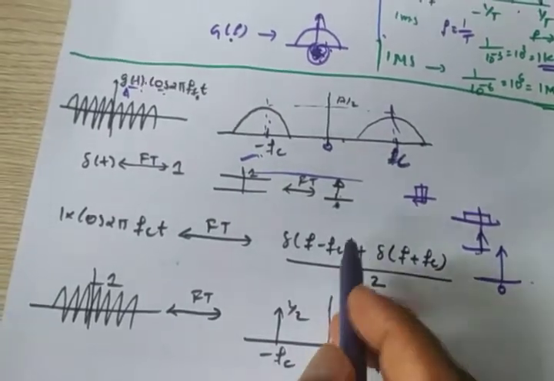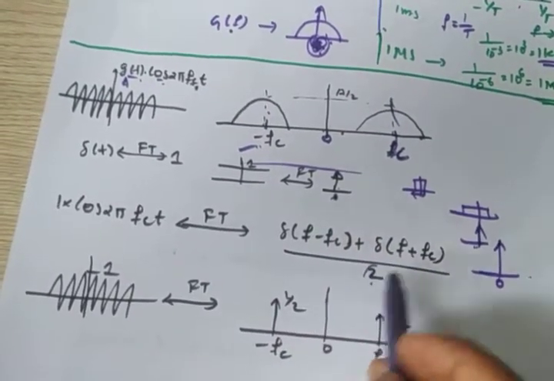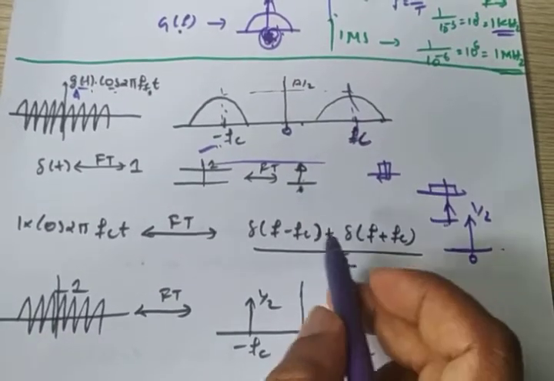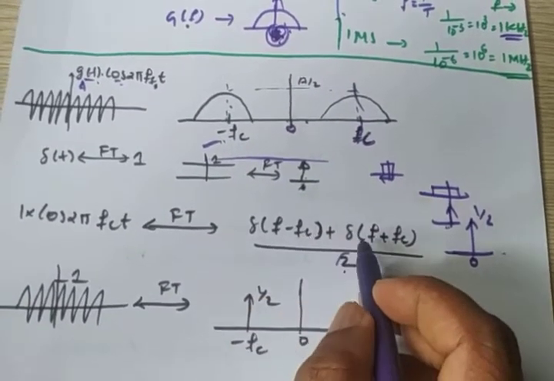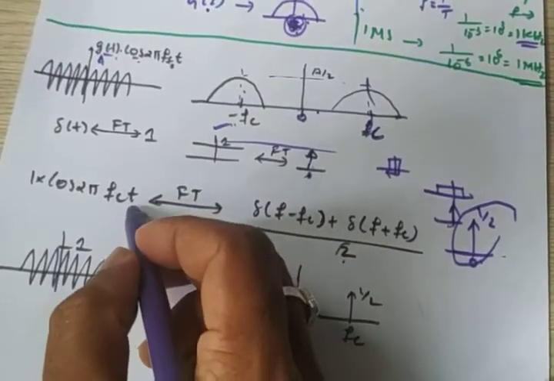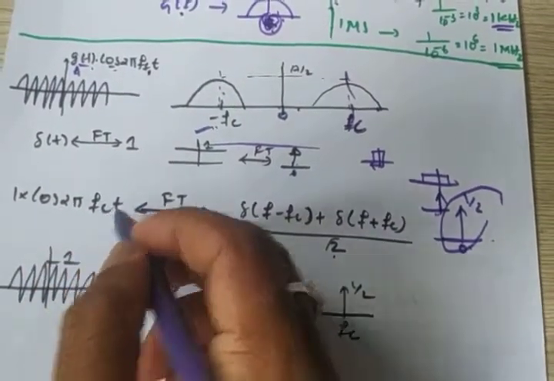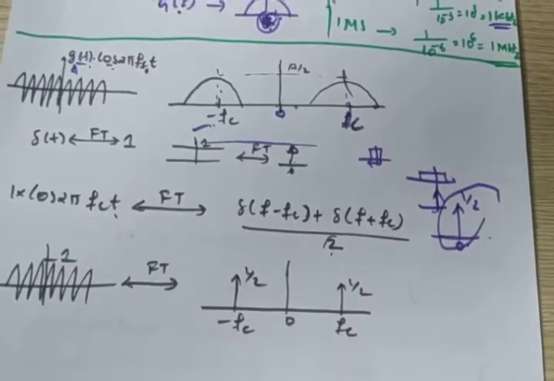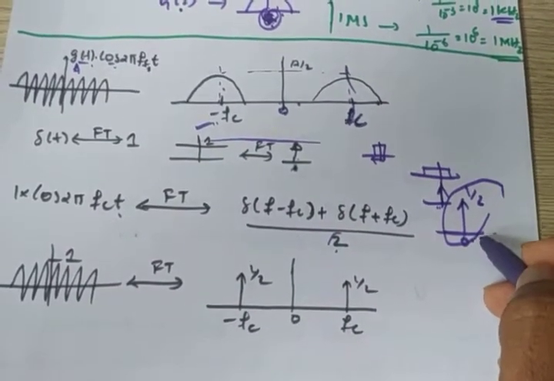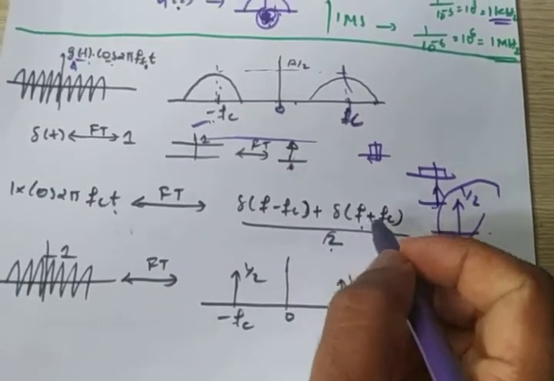It is shown that the amplitude is half, so the amplitude will be half. That is why 1/2, and it is f plus fc and f minus fc. Here it is 0. This is my message. The transform of 1 into cos 2π fc t is δ(f − fc) plus δ(f + fc). So what is δ? This is δ. That δ is shifted to plus fc and minus fc.